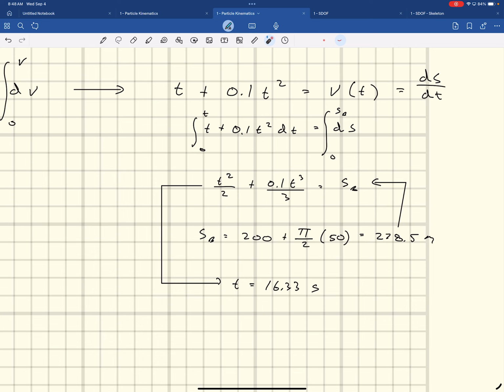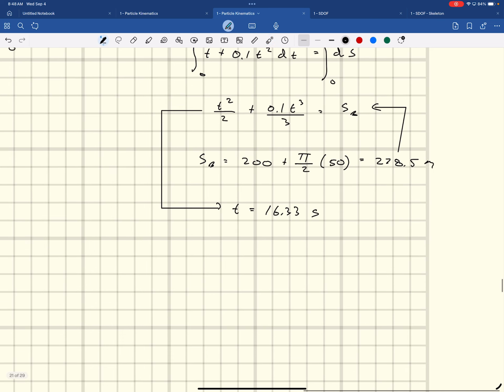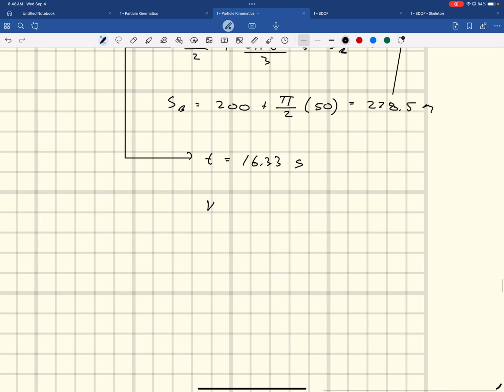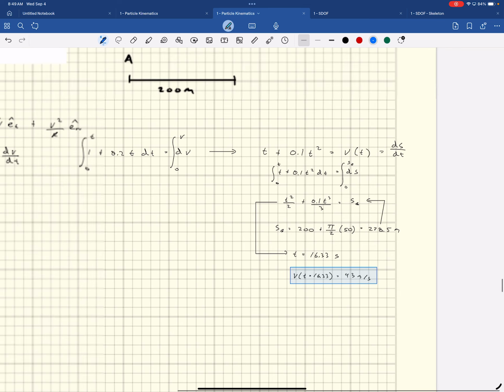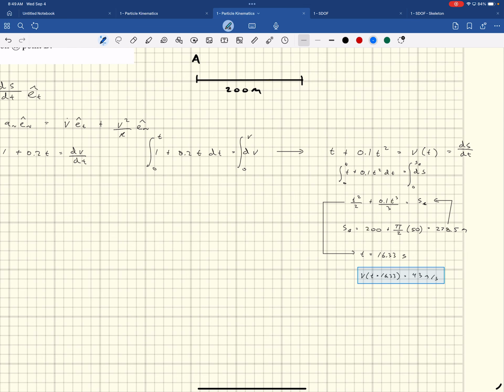And that's it. Once we do that, we're done, mostly. So I go back to velocity as a function of time at 16.33 seconds, and out of that, I get 43 meters per second. I might put an arrow here just to show you where that came from. That came from this guy.